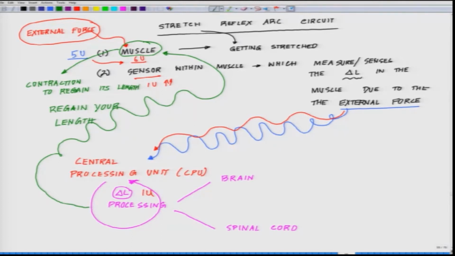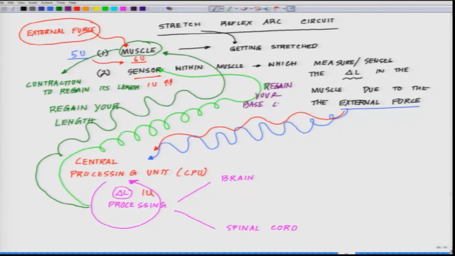Simultaneously, this central processing unit sends another signal, which I am putting in the lighter green color, to this sensor, because there is a change in the length of the sensor too. Regain your base configuration.